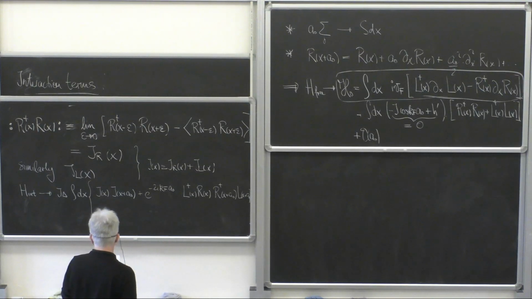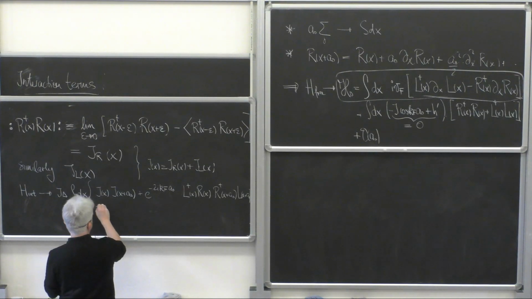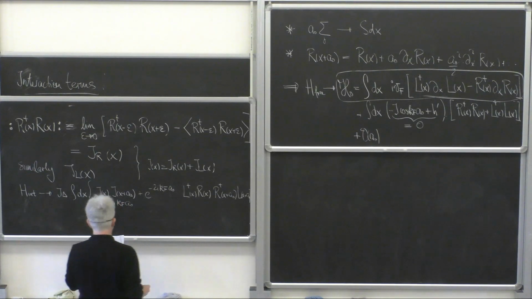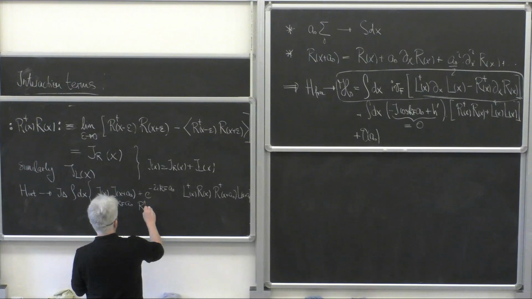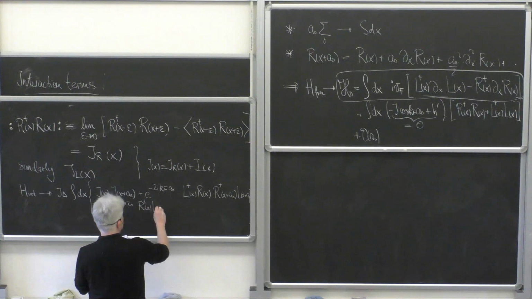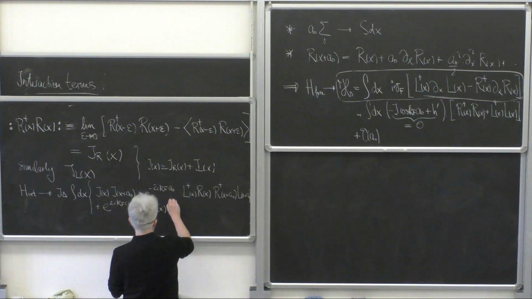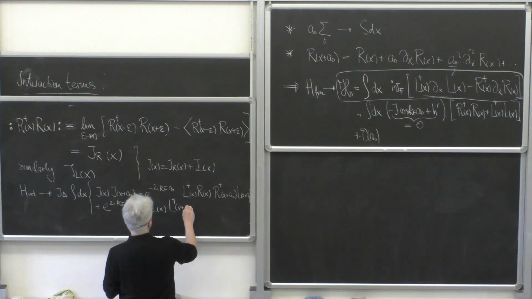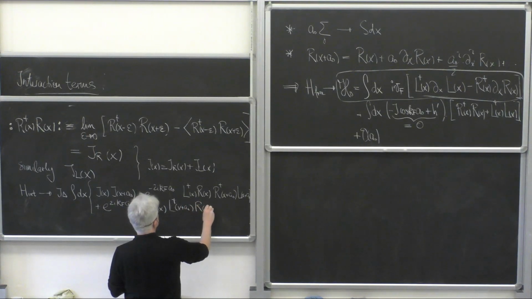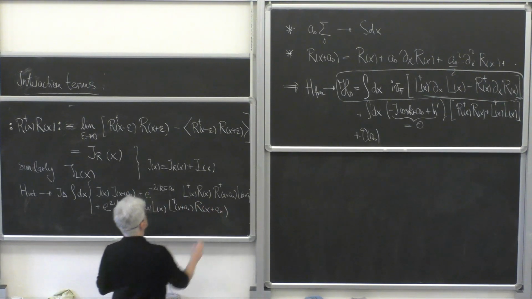Okay, that is the first, and then we have plus e to the 2i kF a naught, right dagger of x, left of x, left dagger x plus a naught, right x plus a naught.